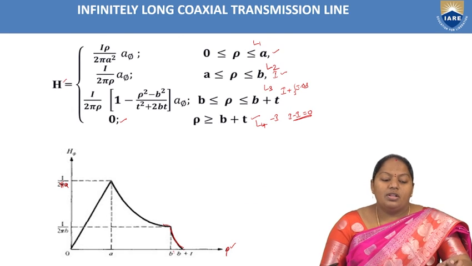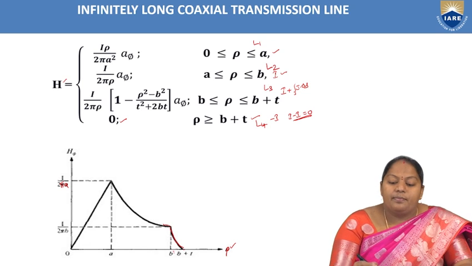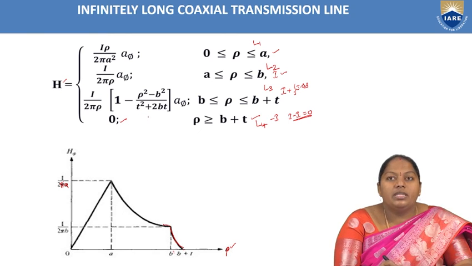Now from all these, we have finalized the magnetic field intensity H. For region 1, 0 to A, it will be given by I rho by 2 pi A square into a-phi. For A to B, it will be I by 2 pi rho into a-phi. For B to B plus T, we use path L3 as the Amperian path, and the result is I by 2 pi rho into (1 minus (rho square minus B square) by (T square plus 2BT)) into a-phi.